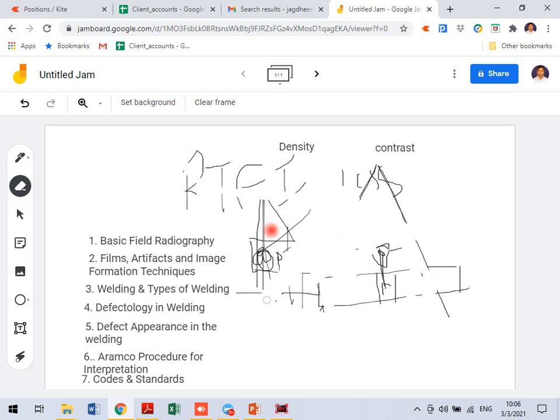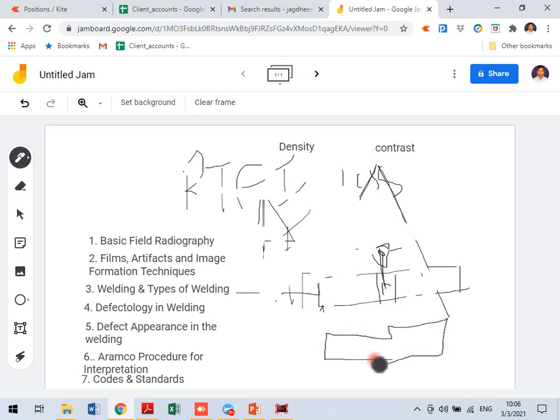So now, okay, I'll ask you a question. I have an object like this. Now I have a film here. Where will you get more density? This is left, this is right.